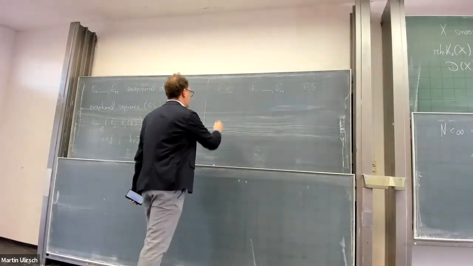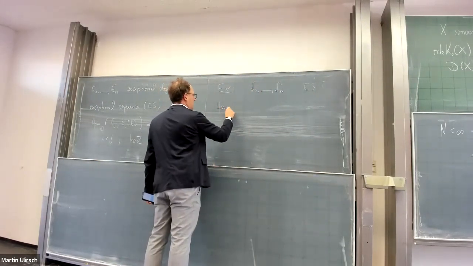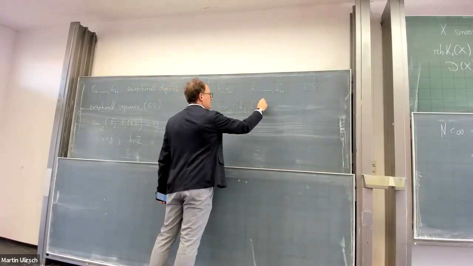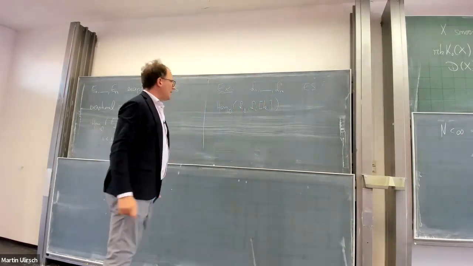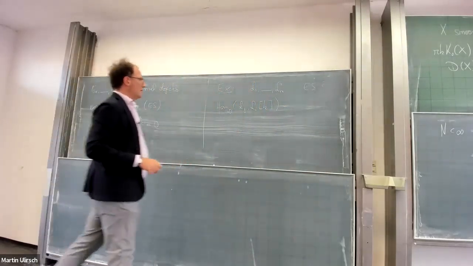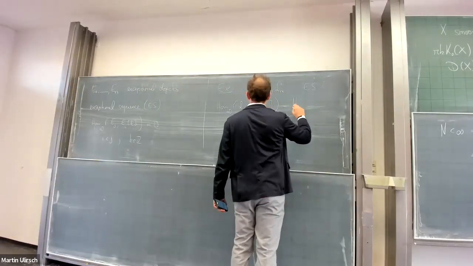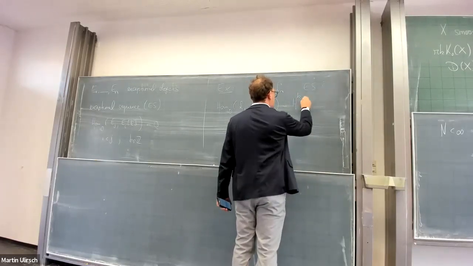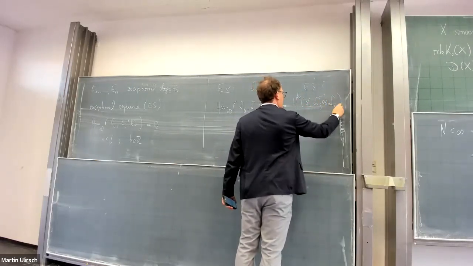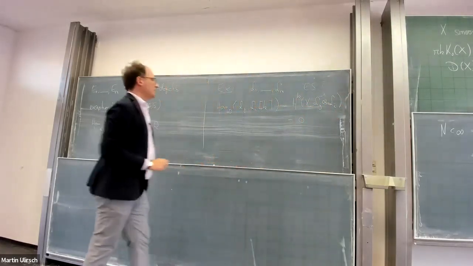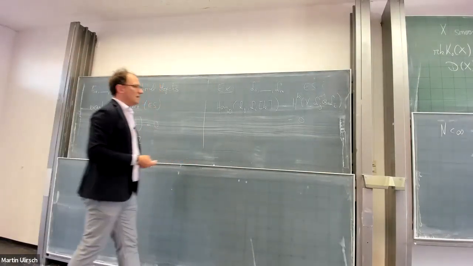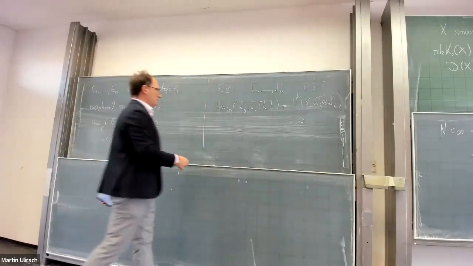Again, I look at the defining condition, and doing essentially the same computation as before, I need that the cohomology of L_j minus 1 tensor L_i vanishes. This criterion is relatively handy, because what does it say?